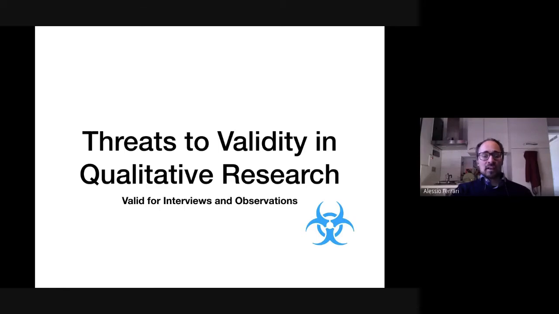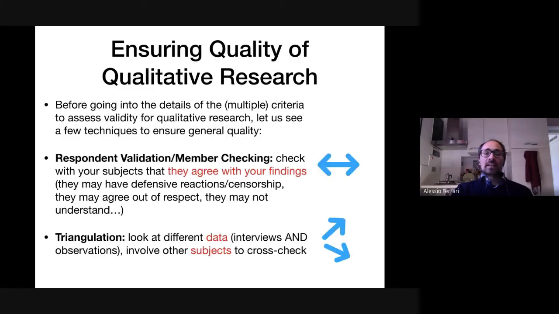These threats to validity are valid for both interviews and observations. And they are oriented, like any threats to validity activity, to ensure the quality of my qualitative research. There are several criteria to assess qualitative research, but there are two main fundamental techniques.